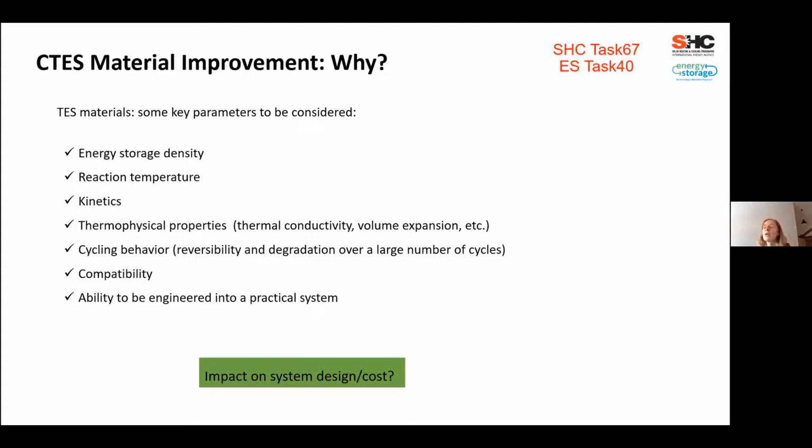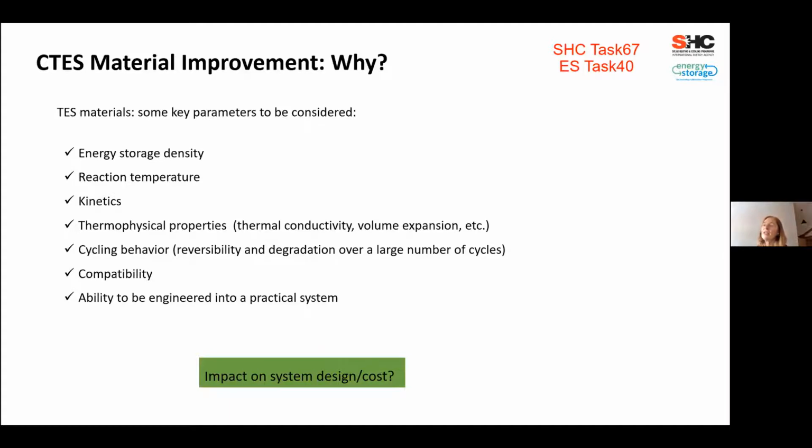Of course, we would like to use this material forever, so a good cycling behavior. The material has to be reversible and not degrade after multiple cycling. The material has to be compatible, so no corrosion with the containment material. And of course, very important, we have to be able to put this material inside a thermal energy storage system.